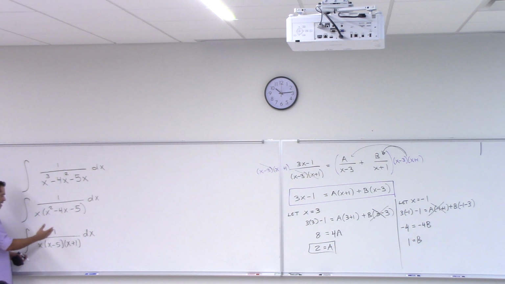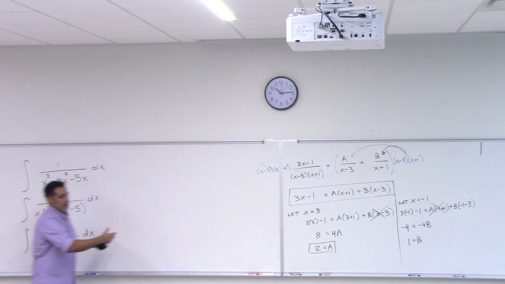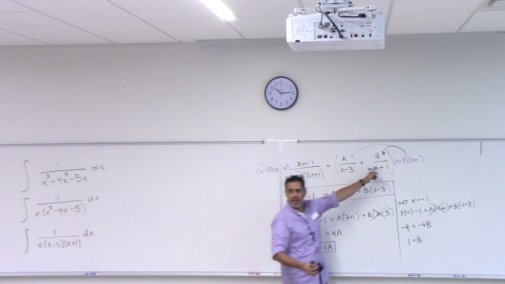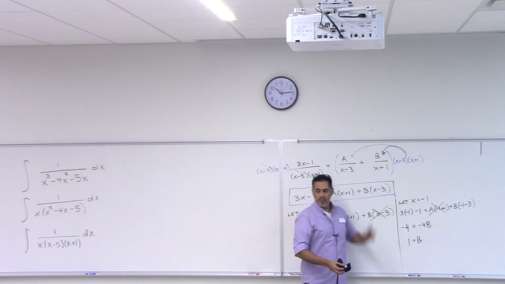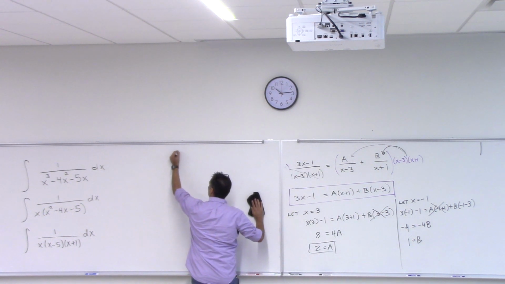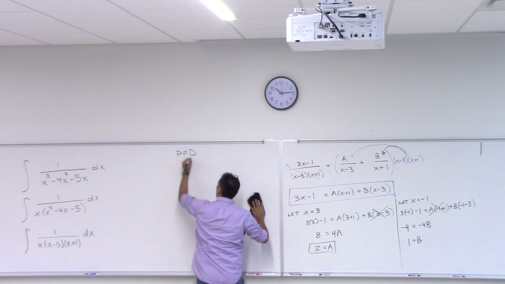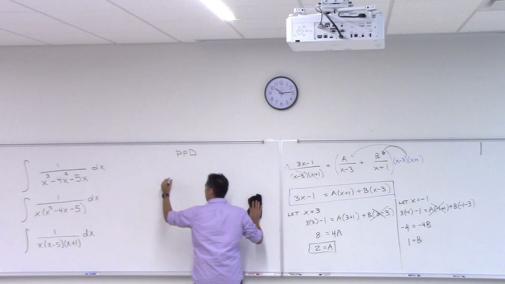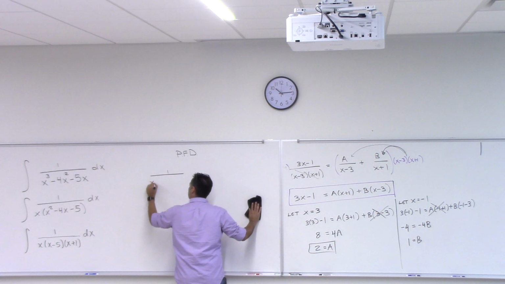Well, wait a minute, hold on. I'm looking at this and I see 1, 2, 3 distinct linear factors, right? And so I should be able to do some partial fraction decomposition on this and get it to break up into 3 different things that I should be able to handle. So I'm going to stop there and do my partial fraction decomposition.